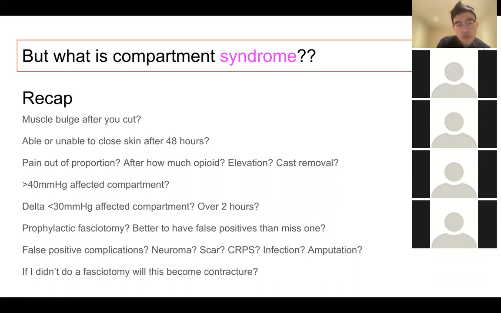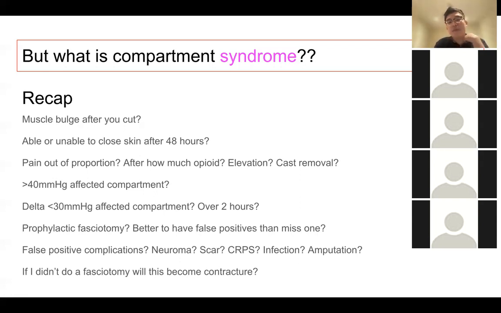The BOAST standards for trauma specifically says you have to repeat your examination every 30 minutes to an hour, and you see what the response is to analgesia, as well as elevation and trimming down any kind of soft tissue obstruction, such as a cast and wool or bandage.